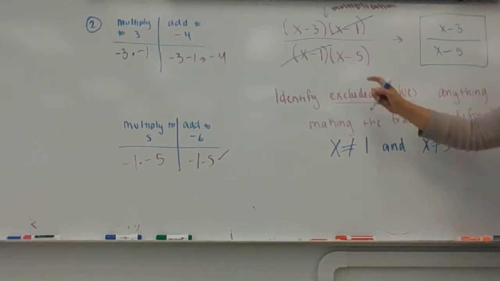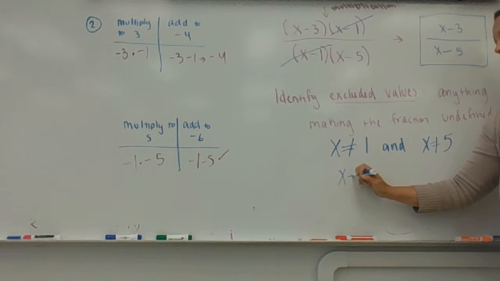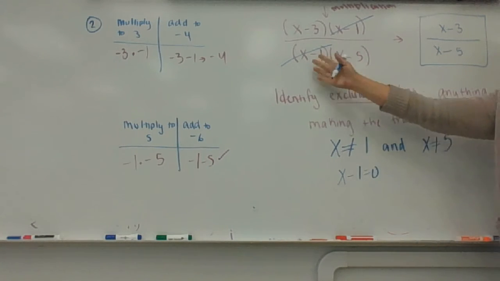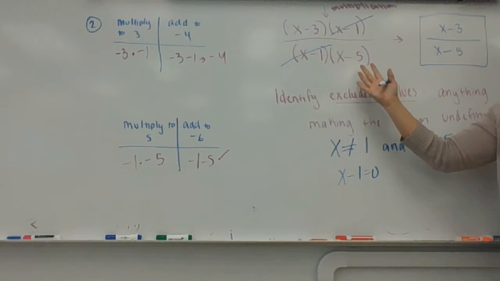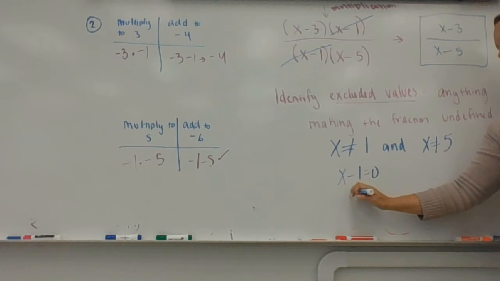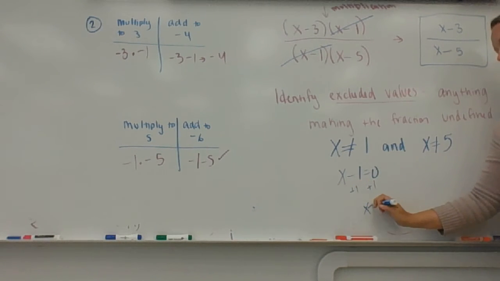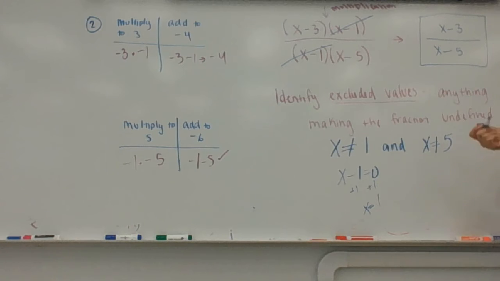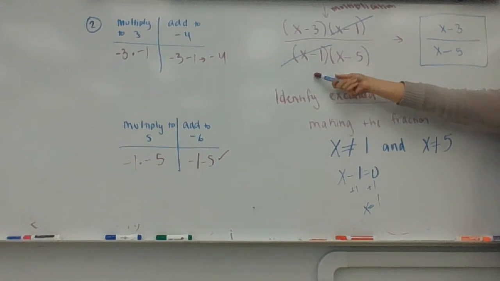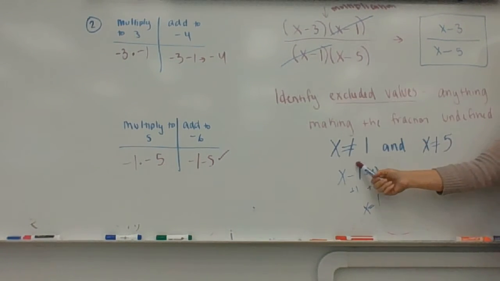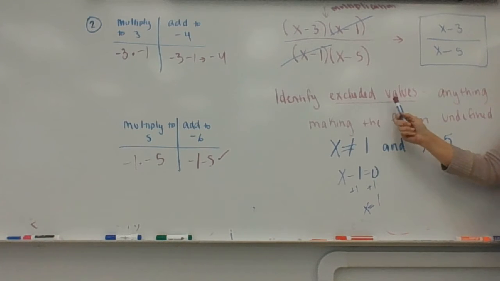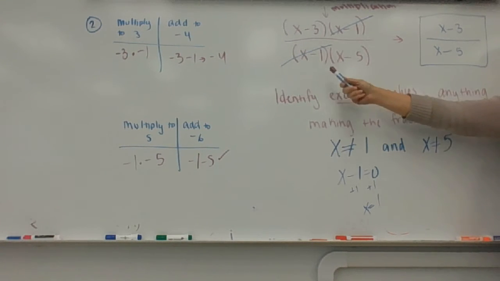You could just make these equal to 0. Well, these are going to be more complicated possibly. So you make them equal 0 and you solve it, like you're solving for zero. And so now that I did include 1, even though I crossed 1 out, I include it in my excluded values. So your excluded values come before reducing.